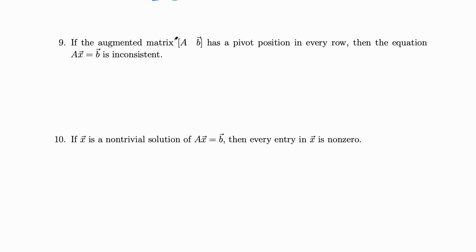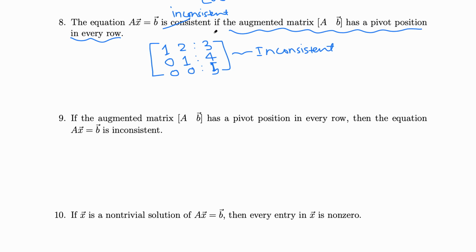If the augmented matrix has a pivot position in every row, it's pretty much the same thing. If this is given, with a pivot position in each row, now we want to show the equation is inconsistent. We showed that, but this time we want to make it consistent.